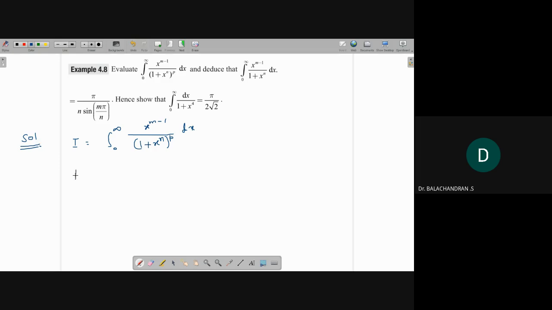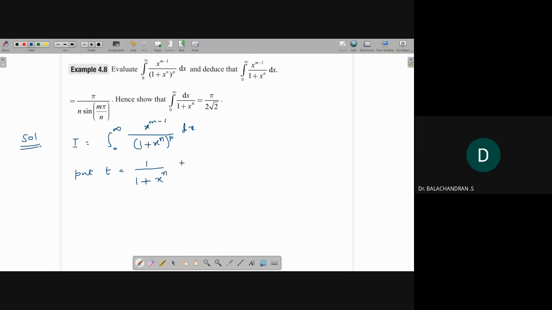So put t equal to 1 by 1 plus x power n. From this, find x power n in terms of t.